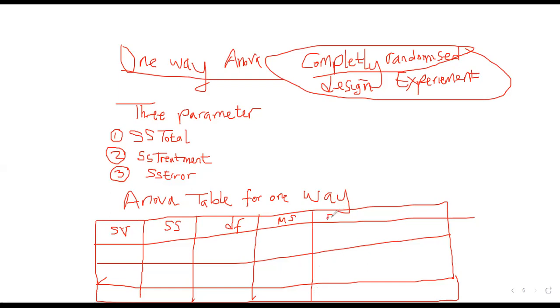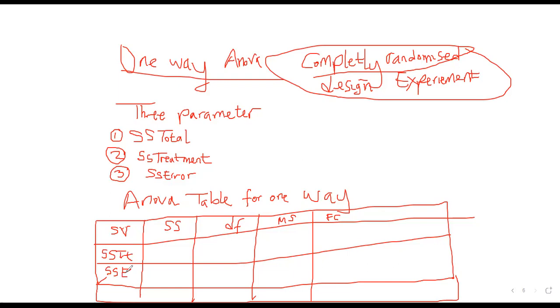So this is the table to go for. There are only these parameters we need. Okay, so there are 1, 2, 3, 4, 5. Here we have sum of square of treatment. Then you have sum of square of error.